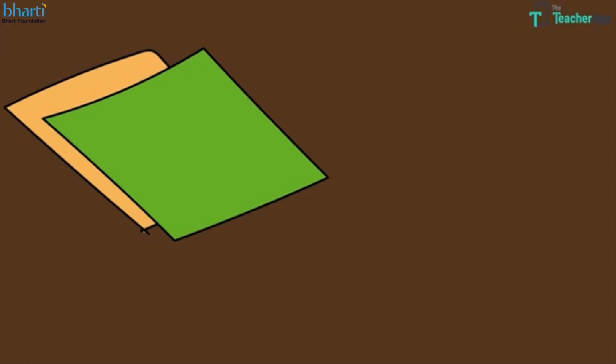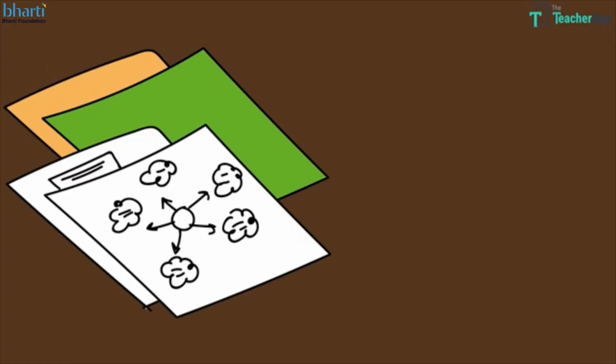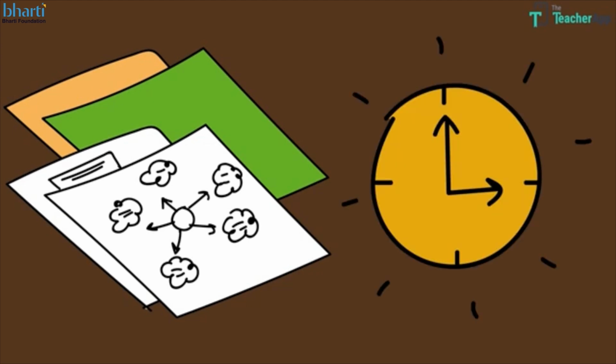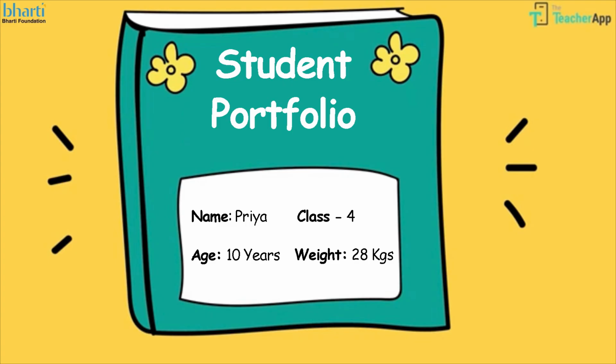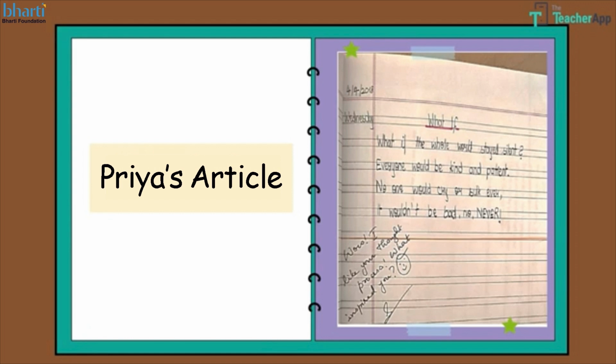To make this portfolio, you only need a few papers, learner's work, and some time to write what you have seen and understood. For example, let's see the portfolio of Priya, who is Mr. Madam's learner from class 4. If we closely look at the first page of Priya's worksheet, we see that Priya has written a creative article.